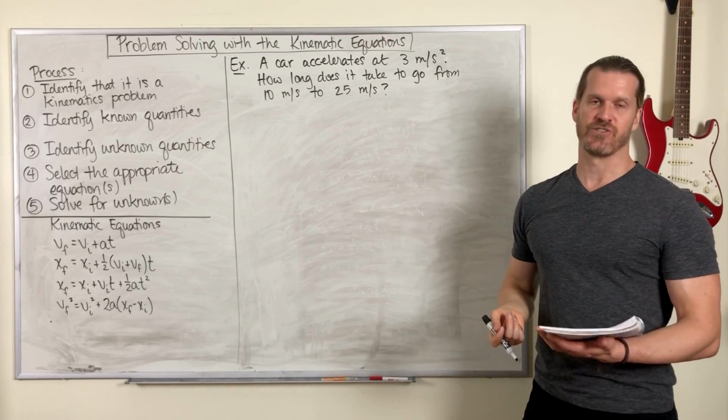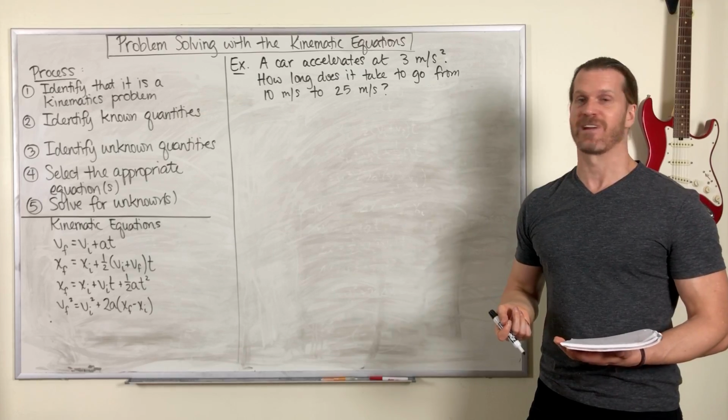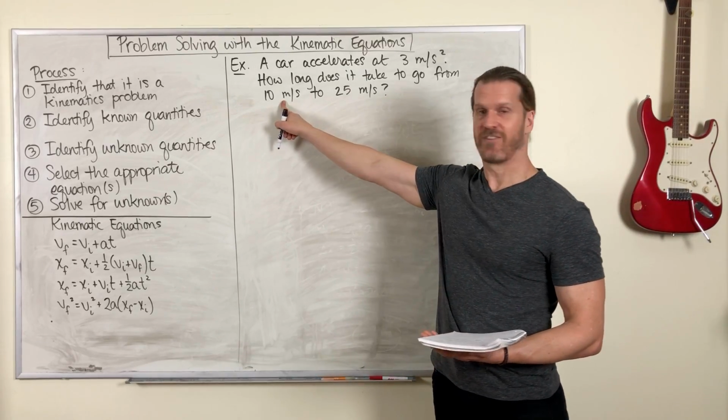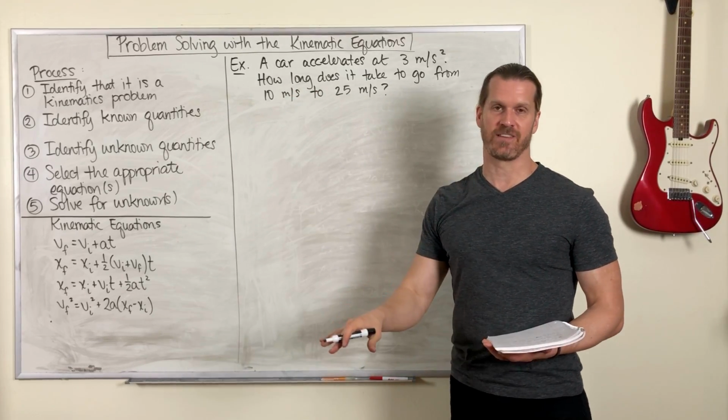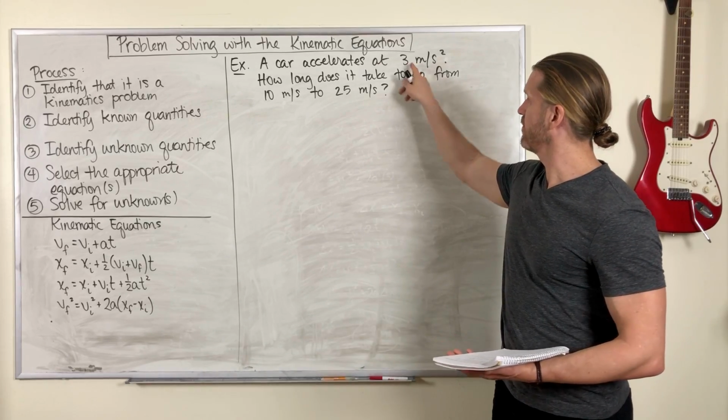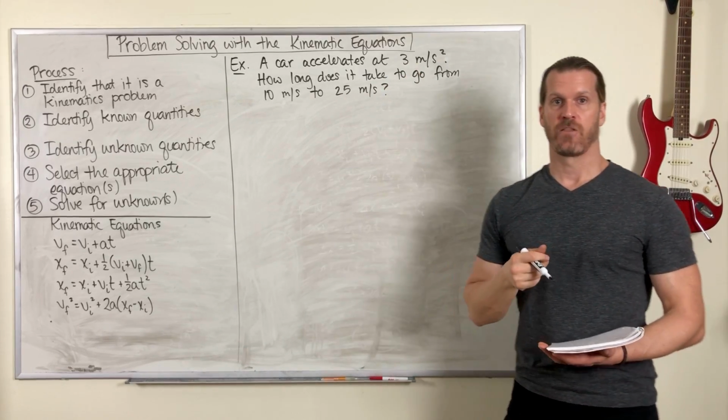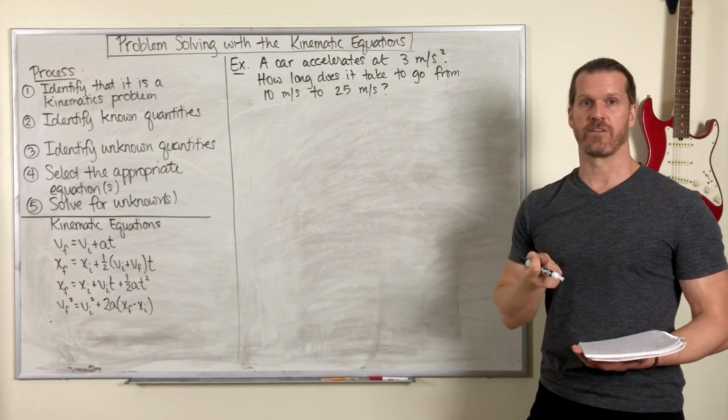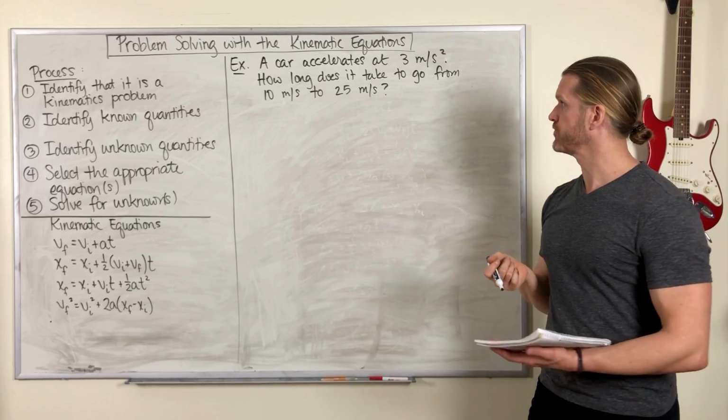So this might be the situation when you get on a freeway on-ramp. You enter the on-ramp at 10 meters per second, you push down on the gas pedal, the car accelerates, and you end up at 25 meters per second driving on the freeway. How much time does that take you?